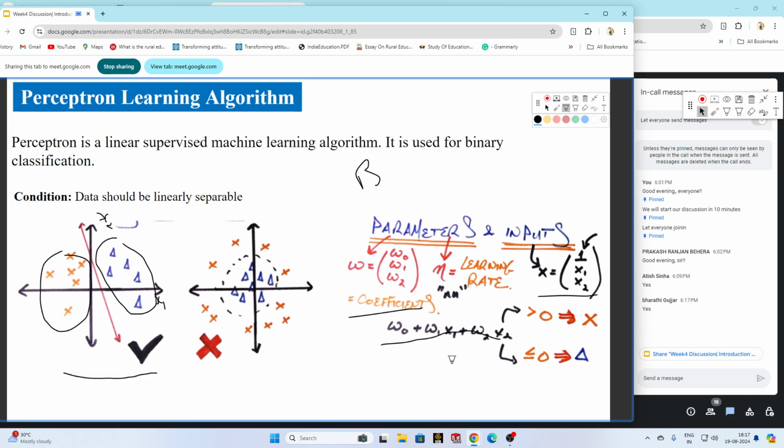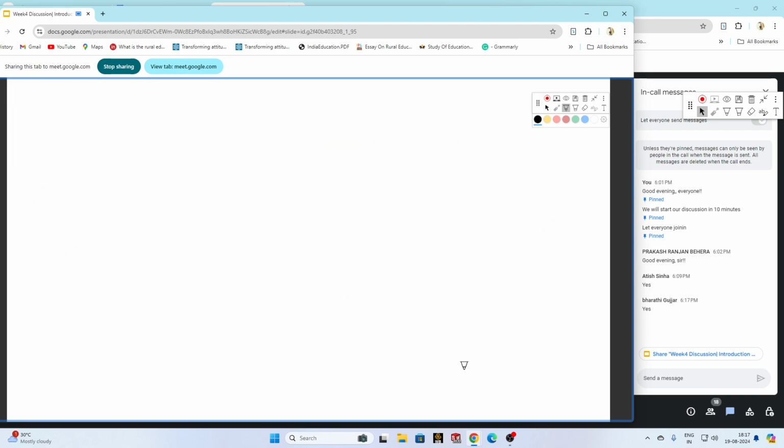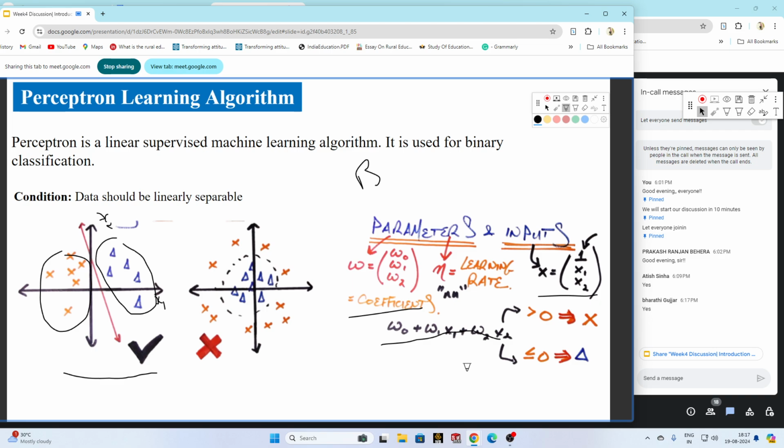So let's move on to the second thing, that is how to update the weights. Whatever coefficients of the inputs we are choosing, we are choosing randomly. But when we choose randomly, we can have misclassification error.